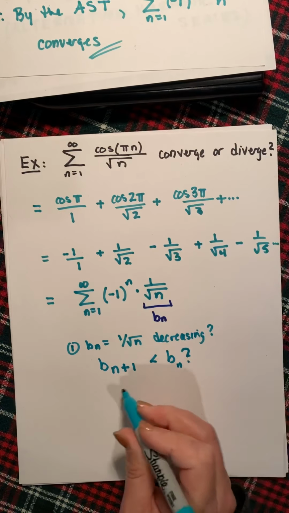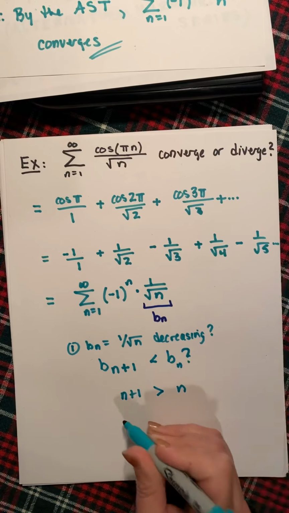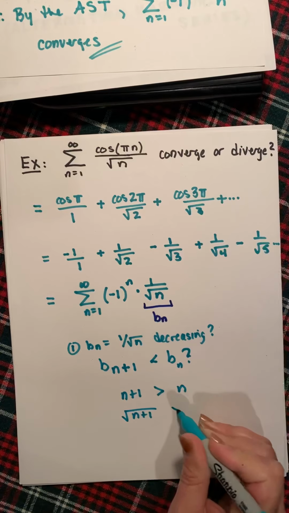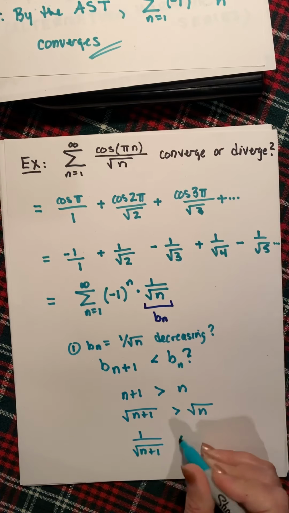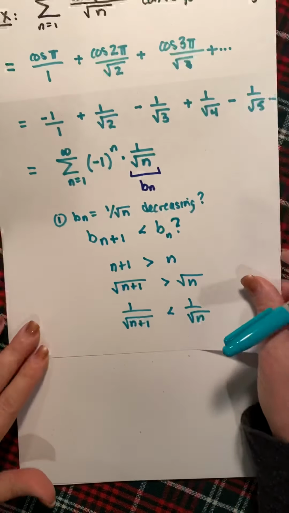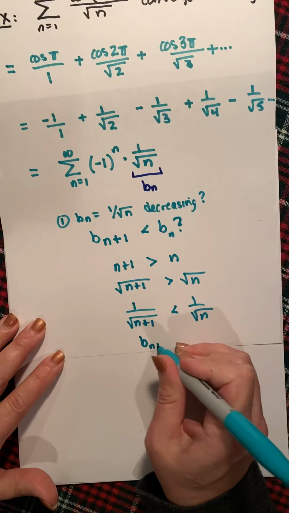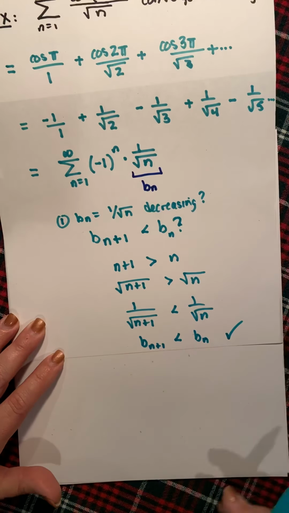We know that n plus 1 is greater than n, so the square root of n plus 1 must be greater than the square root of n. And then we just use our reciprocal properties. So we showed that Bn plus 1, the n plus 1 term, is less than the nth term. So it is decreasing.